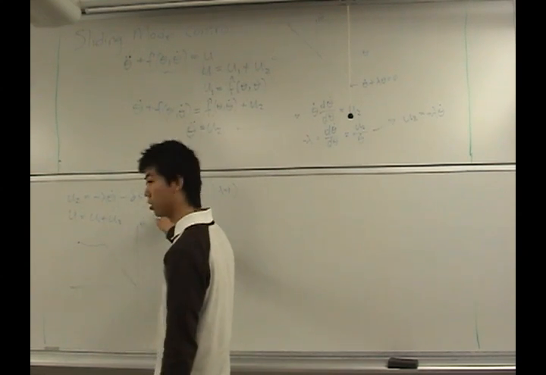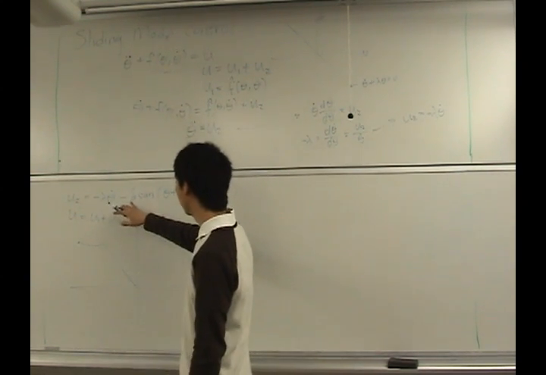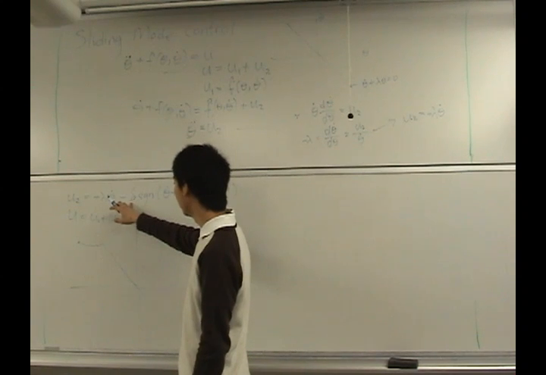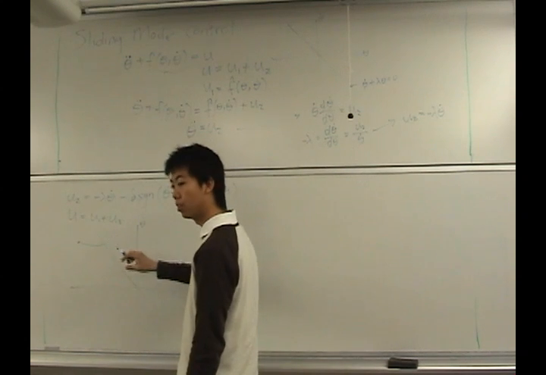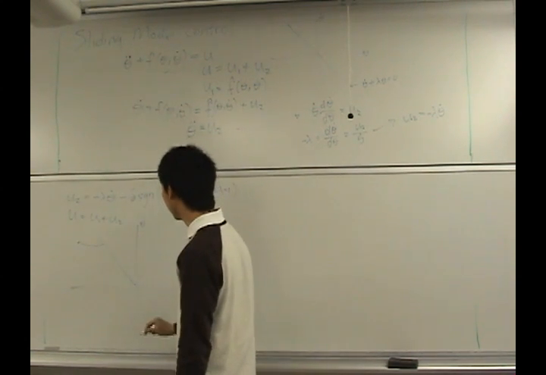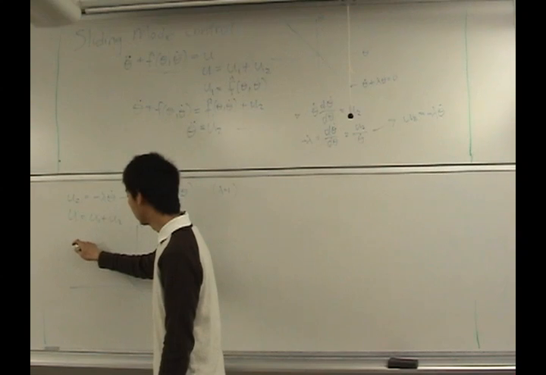Now, with the sliding mode control, if our delta is 1, then we're getting close to the bang-bang control.